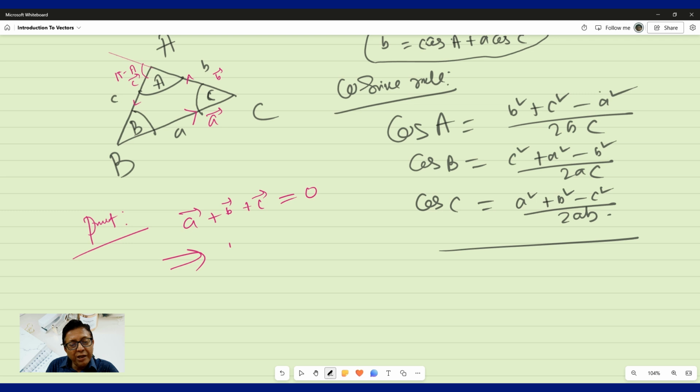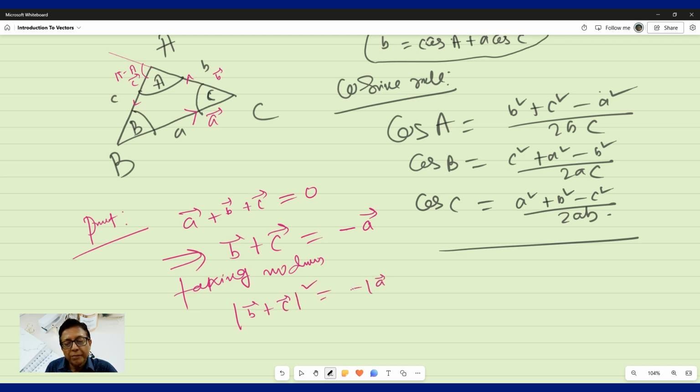So here we can write B plus C equal to minus A. Taking modulus, I am not squaring. I'll never say that. We have to be perfect when writing descriptive question answers. Taking modulus, mod B plus C square, this equals mod A square, which means A square.